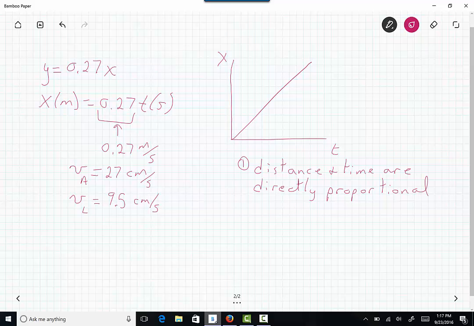Directly proportional means that they start at the origin, and then as one goes up, the other goes up and they go up together at a constant rate. So the data increases at a constant rate.